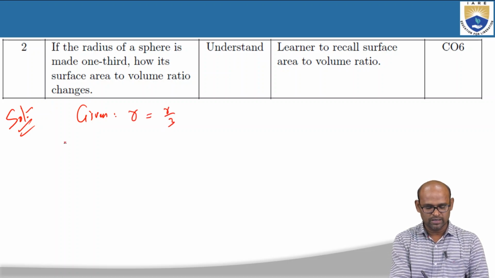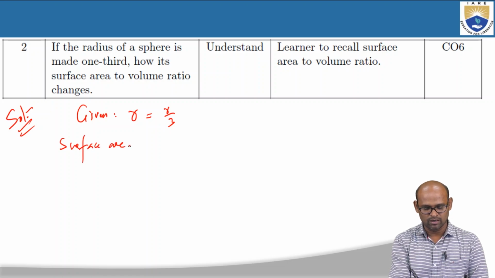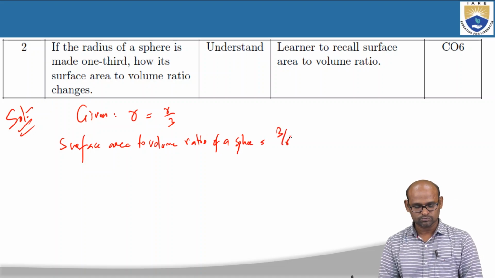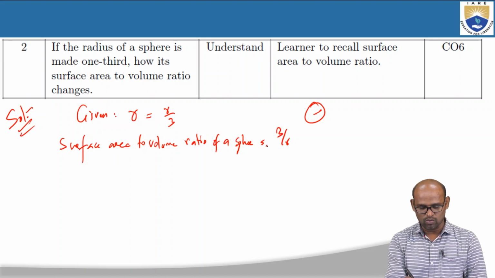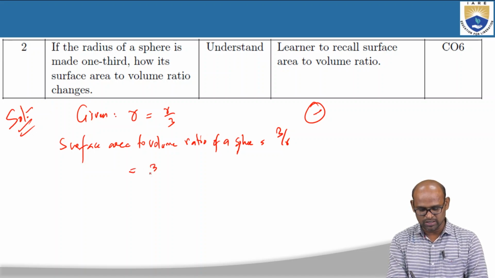We already calculated the surface area to volume ratio of a sphere, which is 3 by r. But now they have made the radius 1/3, so r became r by 3, so that is 3 by r by 3. So that is 9 by r.